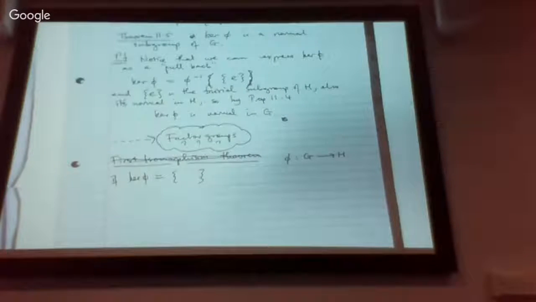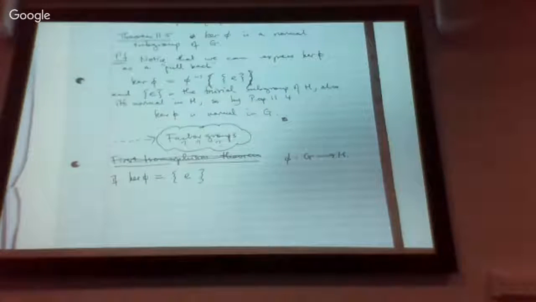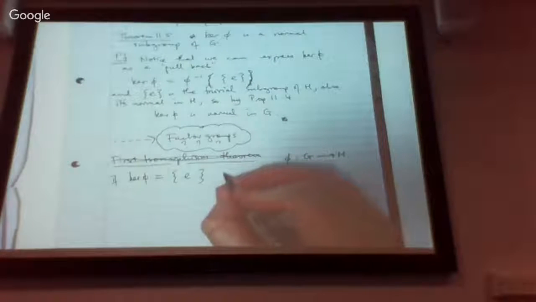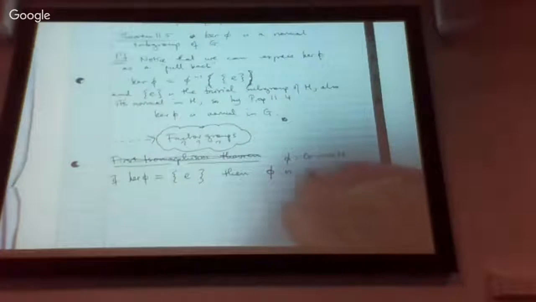So the identity element has to be in the kernel. But nothing else: this could be the kernel of some homomorphism from G to H. If the kernel is equal to the identity, then that implies that phi is 1-to-1.